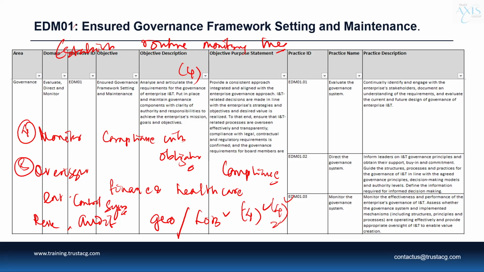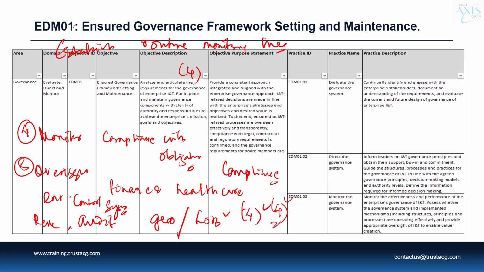Okay. So in summary, whatever practices and activities that we just discussed through the outcome of the governance objective EDM01 that concerns ensured governance framework setting and maintenance will ensure that whatever governance of enterprise IT that has been in place, or the framework that hasn't been placed, is not just defined once and forgotten.